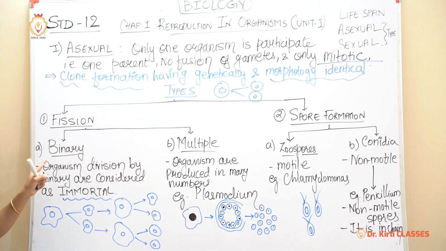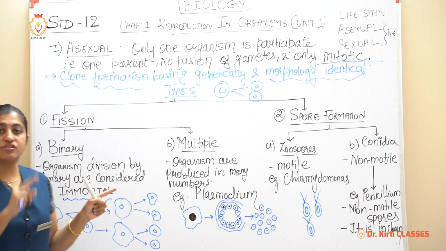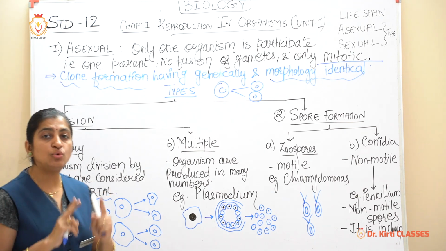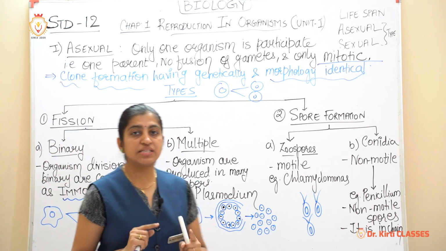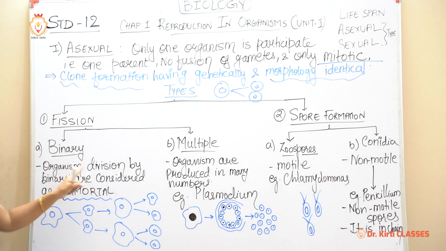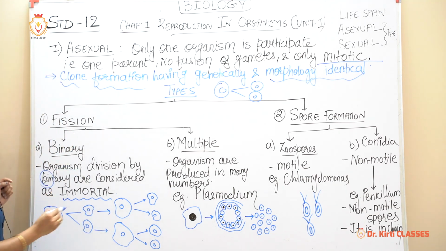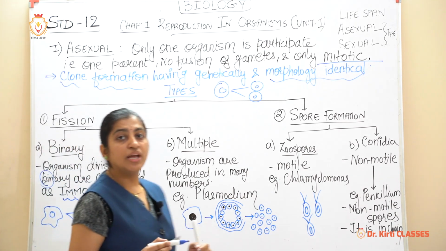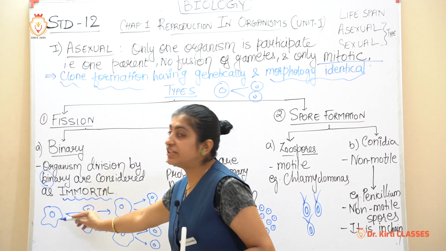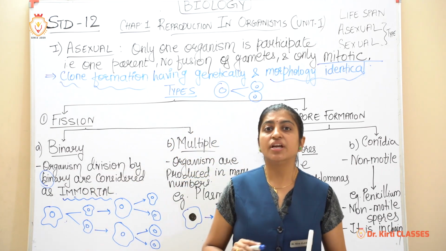Binary fission: the word binary means bi, so there is formation of 2 offspring from 1 single parent. Two living organisms are produced from the single cell, and it is considered immortal. What I was telling about, this single cell division is always and always immortal.